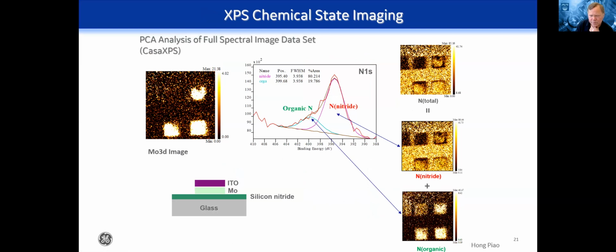The two components, we could clearly see the presence of the nitride and the presence of organic nitrogen functionality in the delaminated region. So the answer to the question, yes, organic nitrogen is present at the delaminated interface. When they knew and understood that, they were able to figure out what went awry in the processing. They were able to fix the process, and they were back up to producing parts with the proper yield.